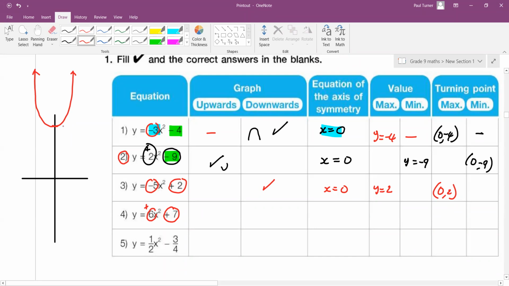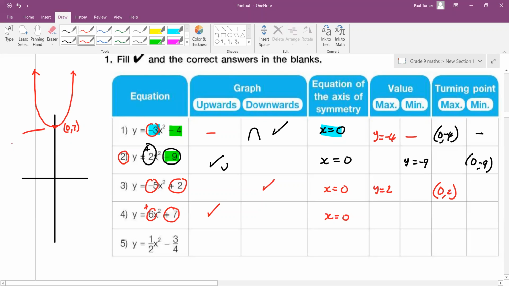So this point here, this is the vertex, which is 0, 7. So if we look here, we're opening upwards. And the axis of symmetry is still x equals 0. Your minimum value is 7. So now we have a low point.